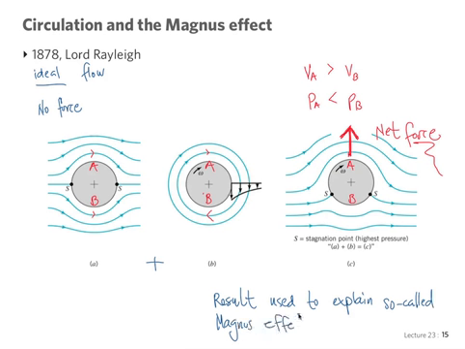It was known by the artillerists. 19th century artillerists knew that if you had spin on the shot, then it would change its trajectory properties.